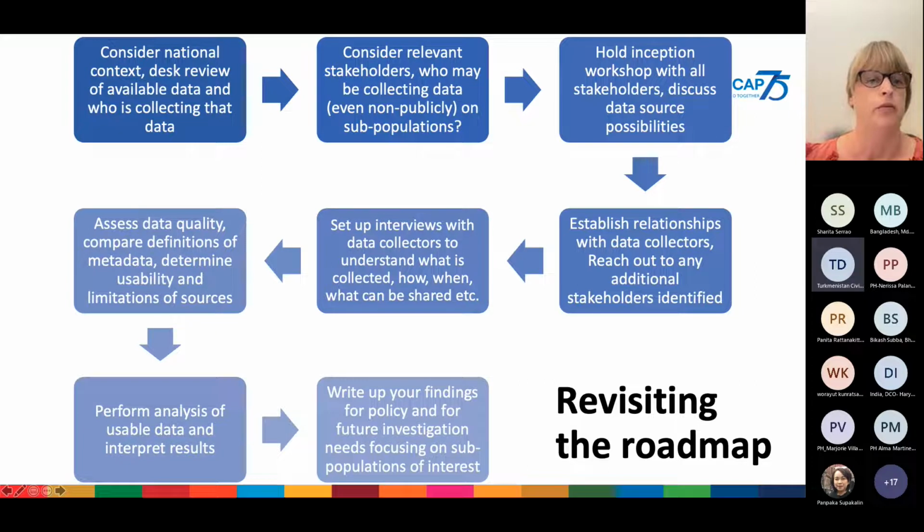And then we discussed, once you have the data, how to look at it to assess its completeness and usability, and if it's fit for purpose for analysis. And then today we will discuss more how to perform inequality assessments and interpret the data and what they mean for policy. And then tomorrow we'll talk a little bit about how you would write up your results to make sure that they're actually used to inform interventions and improve public health and policy.